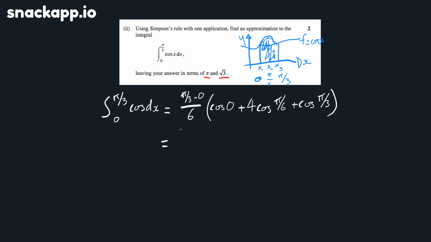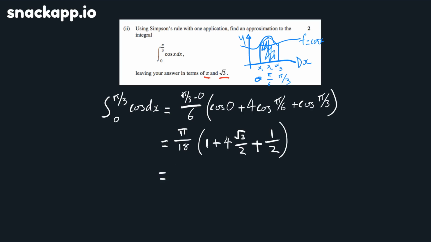So we can simplify this a bit. We get pi on 18 out the front. Cos of 0 is just 1. Cos of pi on 6 is root 3 on 2. You can do that using the triangle that we used in the first part of the first question. And then cos pi on 3, that's just going to be a half.